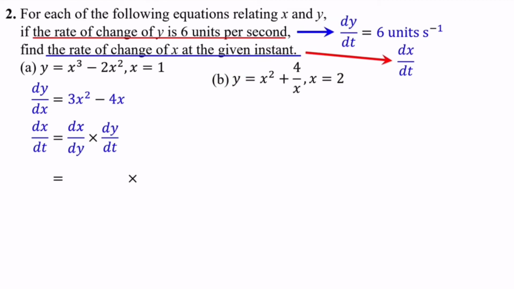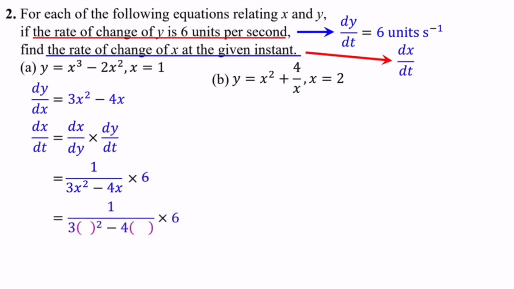So we have dx/dt equal to dx/dy times dy/dt. Now we are going to substitute dx/dy with 1 over 3x squared minus 4x, because dy/dx is 3x squared minus 4x, right?